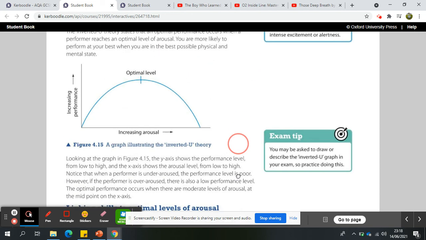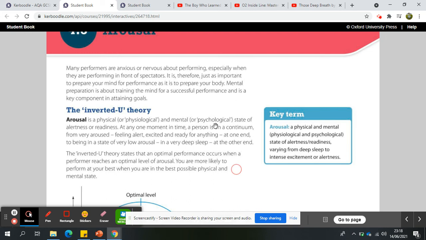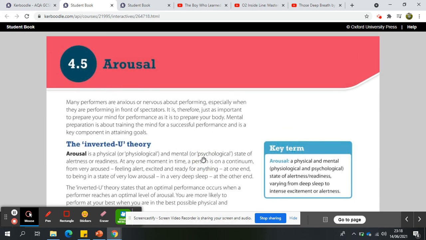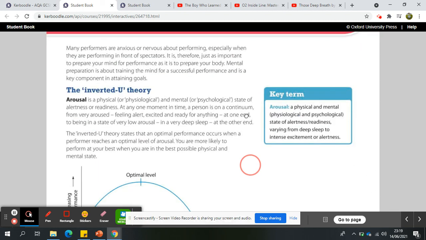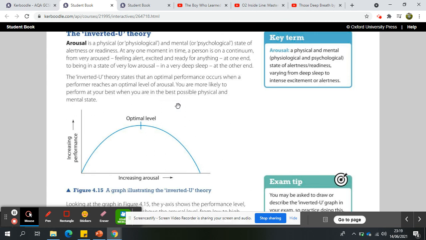Okay, so on page 98, you are going to have the page that looks like this, that is all about arousal. What I'd like you to do is make notes on all of this and write the key terms. Don't copy it out word for word, but copy down some of the things that we've been talking about today. I want you to draw that inverted U theory and label it all up as well.